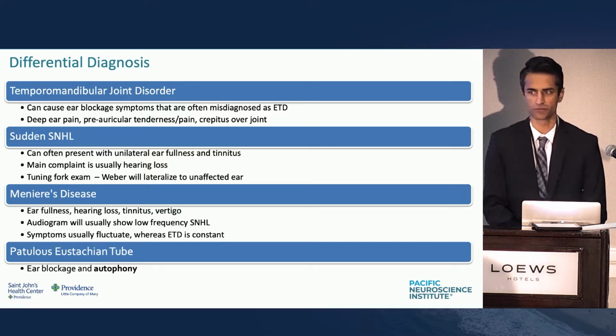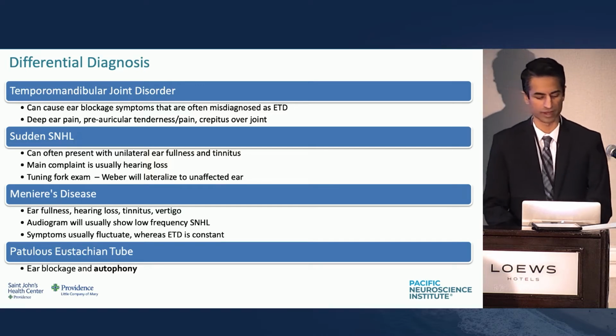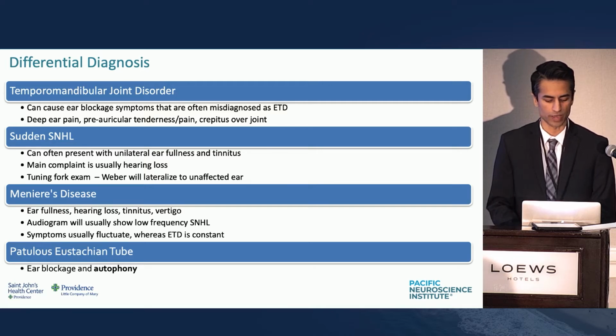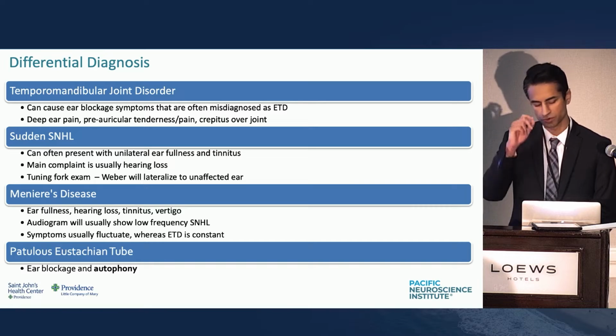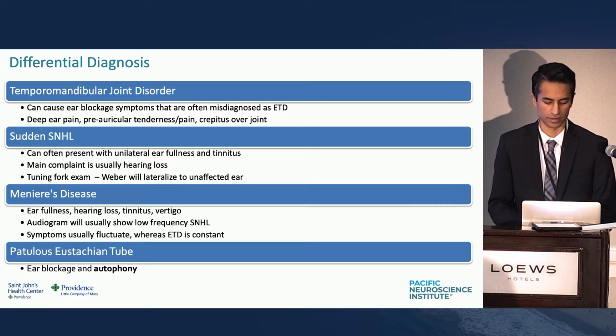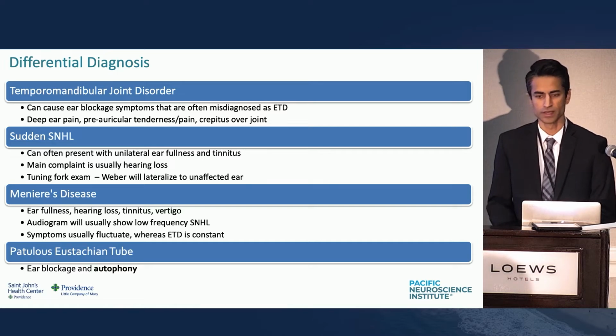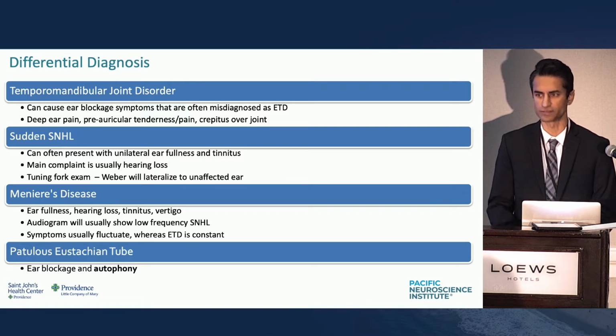But this is where a tuning fork exam is important if you have one in your office. What I typically do, especially if it's unilateral, is the Weber exam, where you put the tuning fork either on their forehead, or sometimes on their top front teeth. In eustachian tube dysfunction, the sound will be heard either in the middle or it'll lateralize to the ear that's affected.